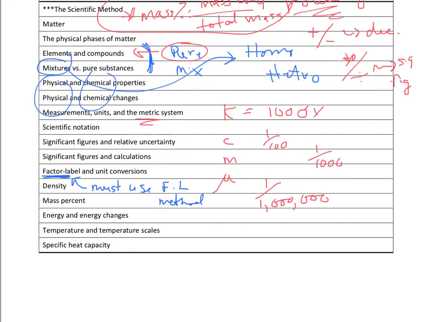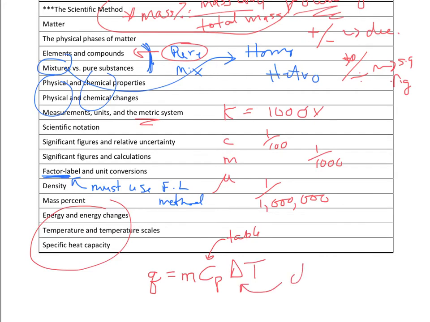Remember Q is equal to m c sub P delta T? I'll lump all of these together here. Q, change in thermal energy, is equal to the mass that's changing its energy times the specific heat. You look it up on a table, or you're given it. Delta T is the change in temperature. And if you opt to look back at your old tests, you're going to see a problem like that.